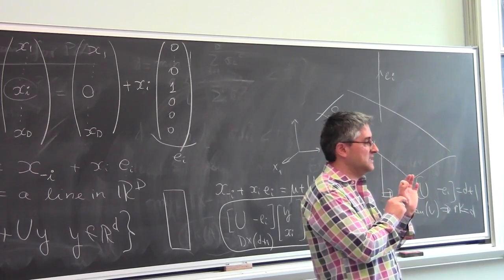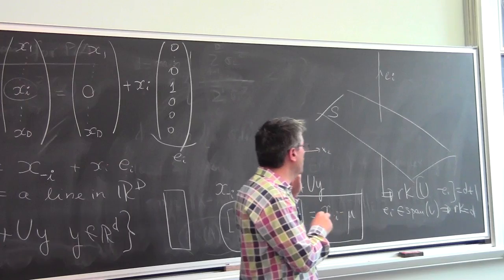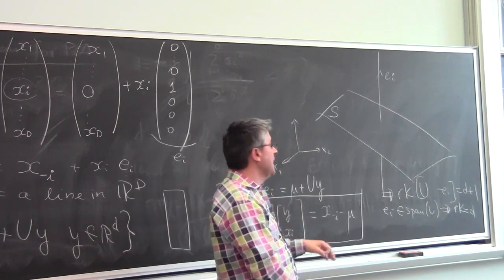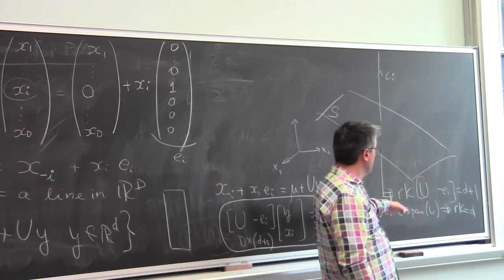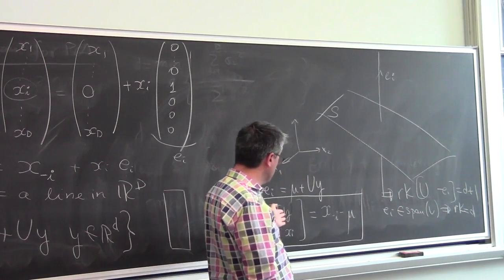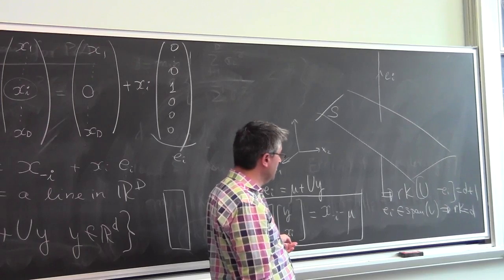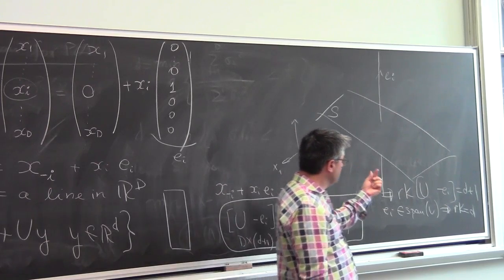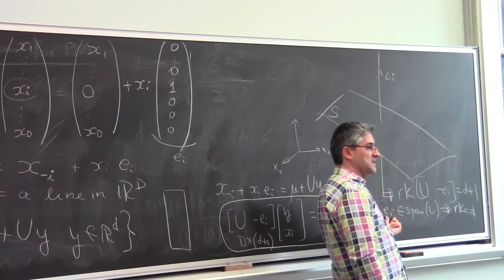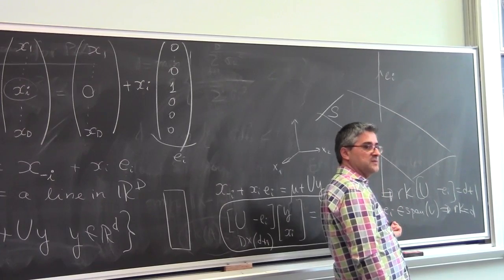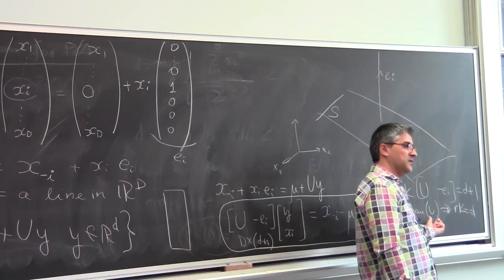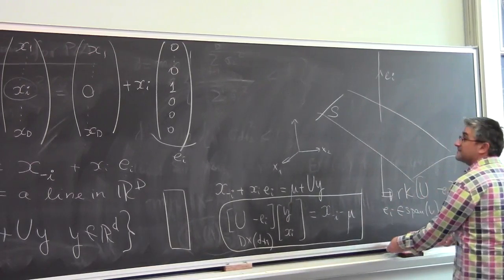I'll make that very precise in the next lecture, but I hope this contains the gist. Okay. So, a necessary condition for me to be able to reconstruct the data point and find the missing entry is that the vector corresponding to the missing entry does not belong to the span of the subspace.